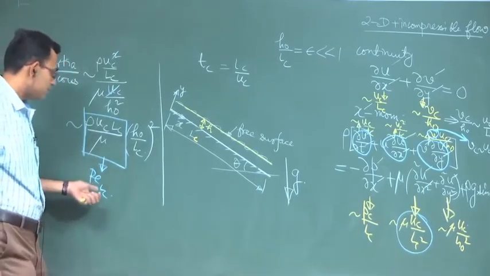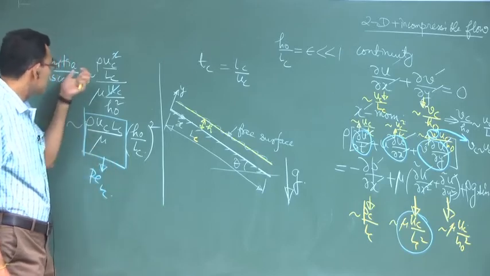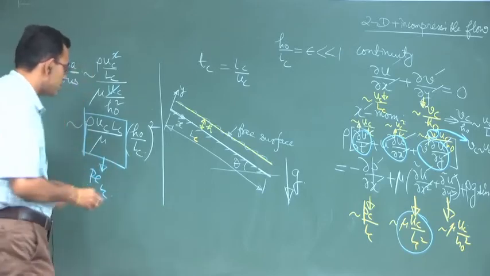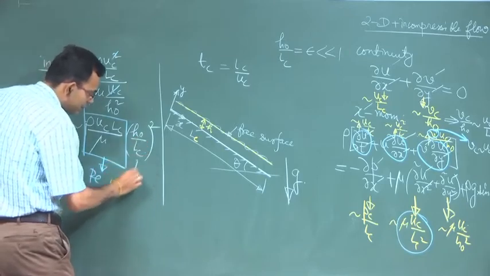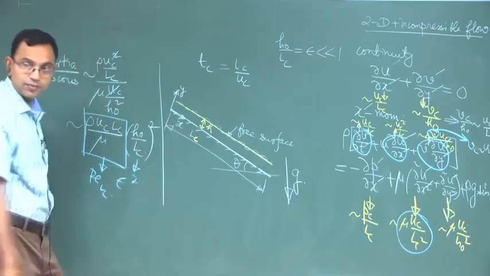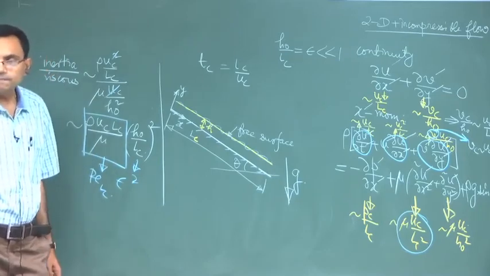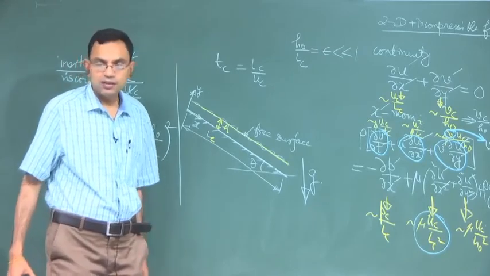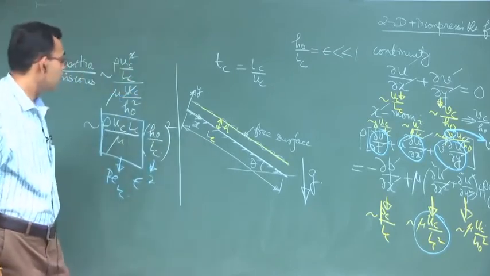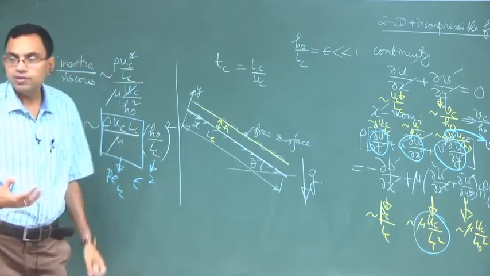So then the inertia by viscous force is the Reynolds number times H naught by Lc, which is epsilon, so epsilon square. Because epsilon is a small number, epsilon square is also very small, in fact smaller.